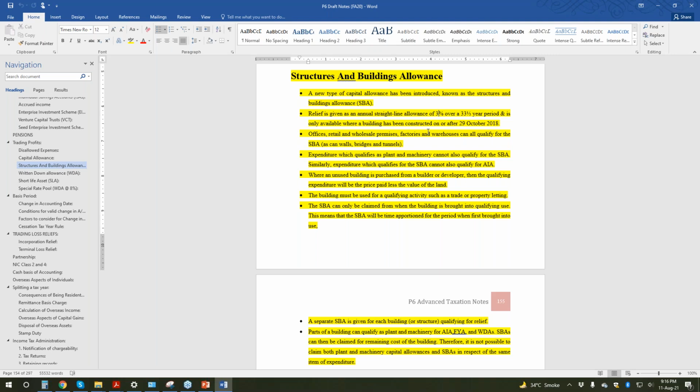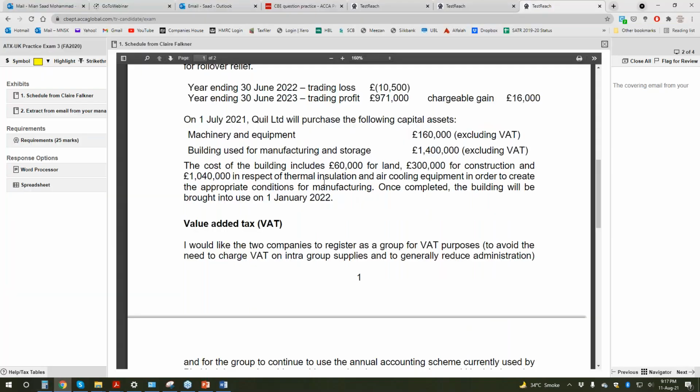One should be the cost of the structure only, and one should be the cost of assets installed in that. The assets will qualify for either special rate pool or main pool. However, the building cost or the structure cost only will qualify for structures and buildings allowance. So that is what I have mentioned while reading the question.